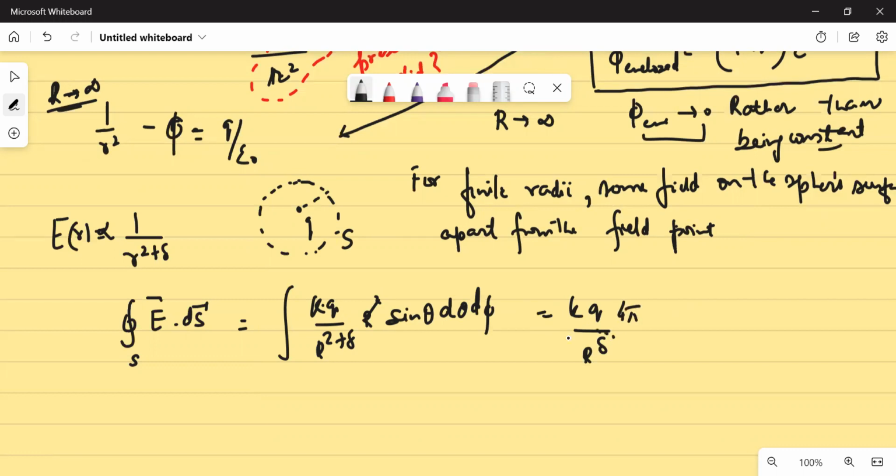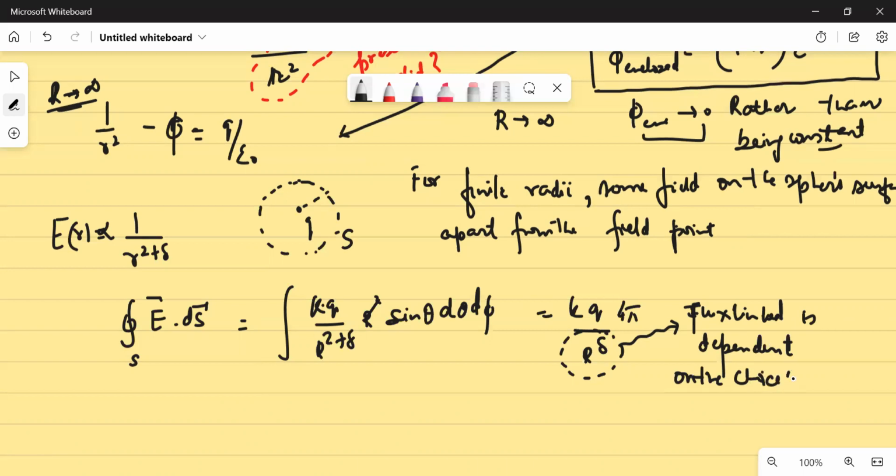So again, my net flux linked is dependent on the choice of the Gaussian surface.